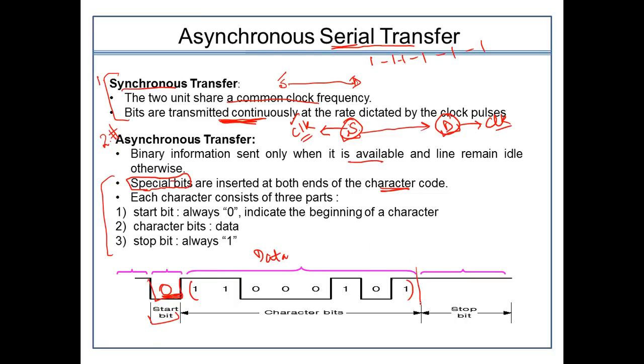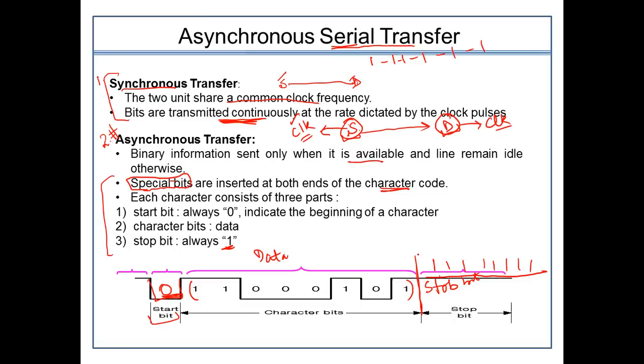And after this data, there will be a stop bit, which indicates that I have stopped sending the data. It will always be one. When you get one, one, one, a number of times, it means the idle state is coming, and the sending of the character bits has stopped.